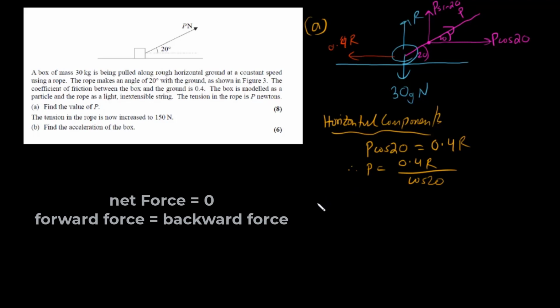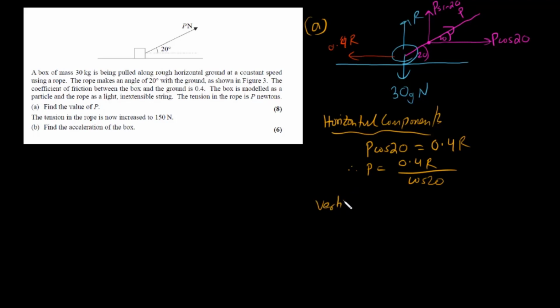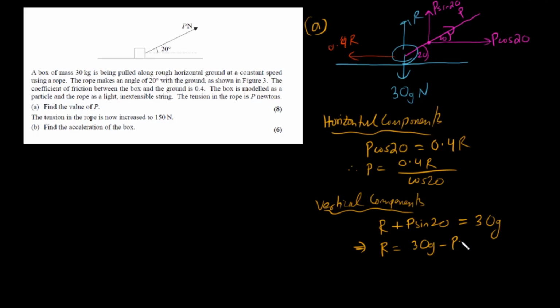So now we can write vertical components. The vertical components are, upward is R plus P sin 20 and downward is 30g Newton. So from here we can find the value of R. R is going to be 30g minus P sin 20.